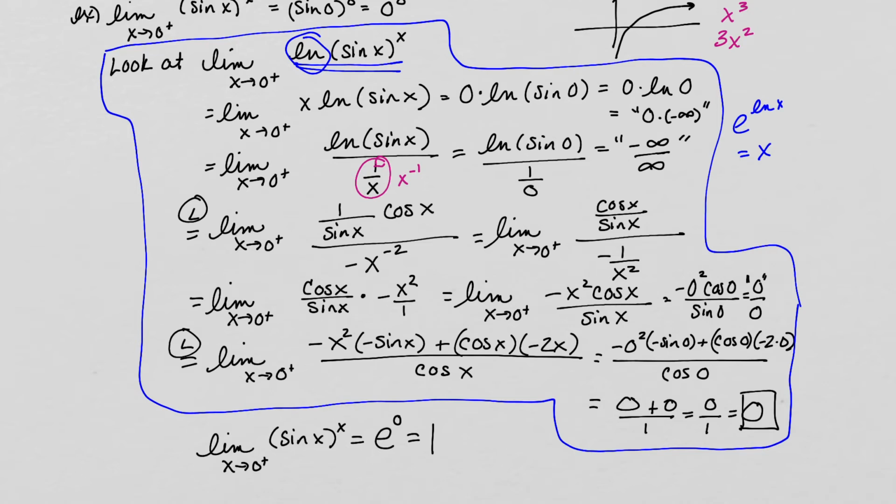For every problem that you add a natural log in, be careful. If my original problem had a natural log, that doesn't mean I need to do the e. But I added this natural log in, so I have to undo it at the end.